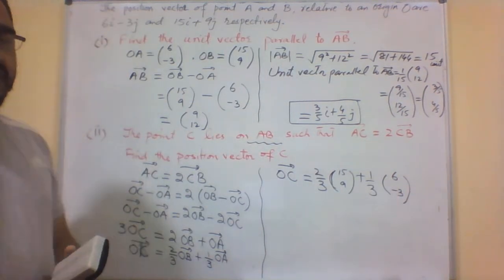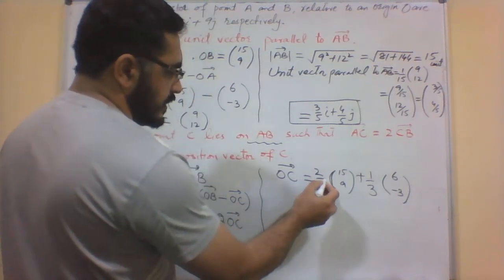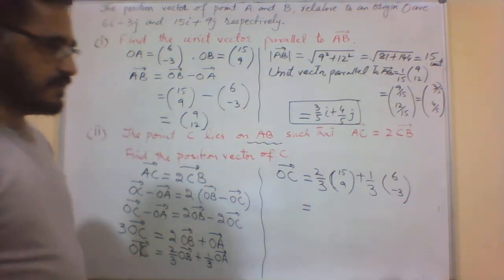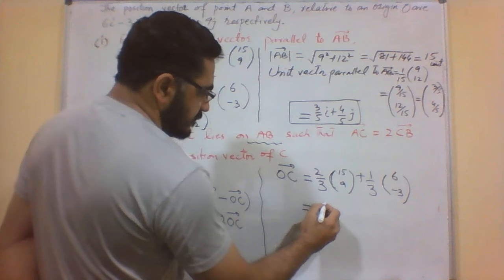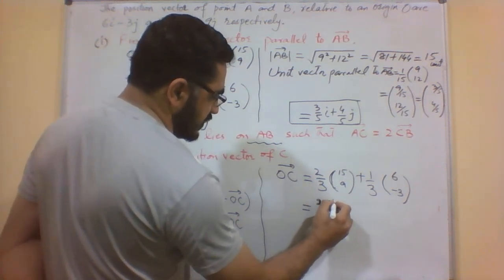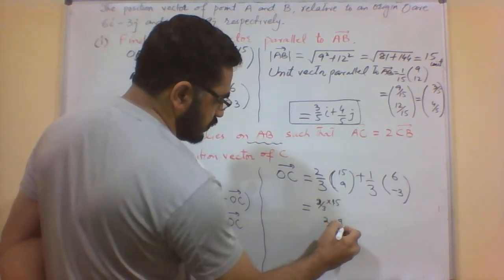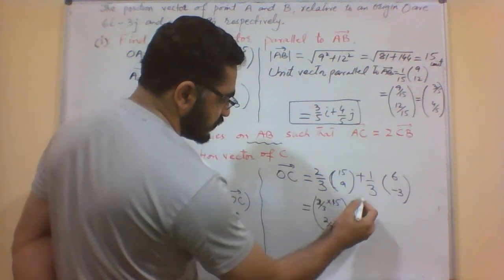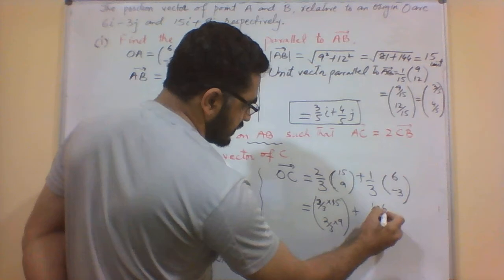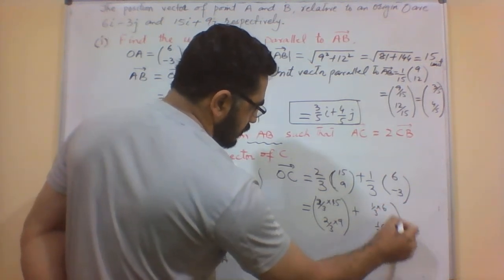Now we simplify: 2 by 3 into 15 and 2 by 3 into 9, plus 1 by 3 into 6 and 1 by 3 into minus 3.